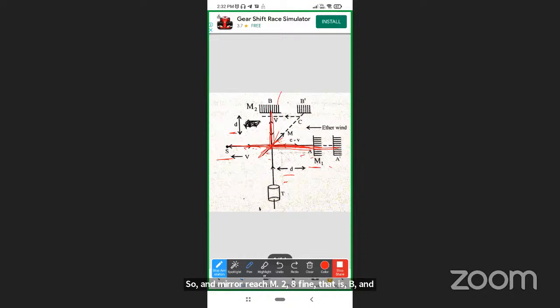These reflected rays from M1 and M2 both reach the mirror M, and then reach the telescope, where you can observe them.